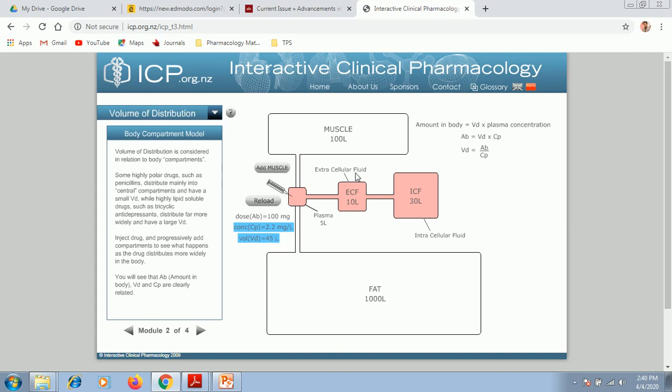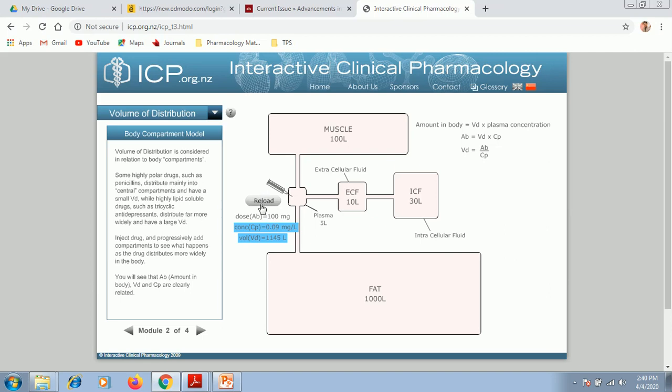If the drug has specific affinity for certain tissues, this can go up to 145, and if you add fat as well, it becomes 1145 liters.